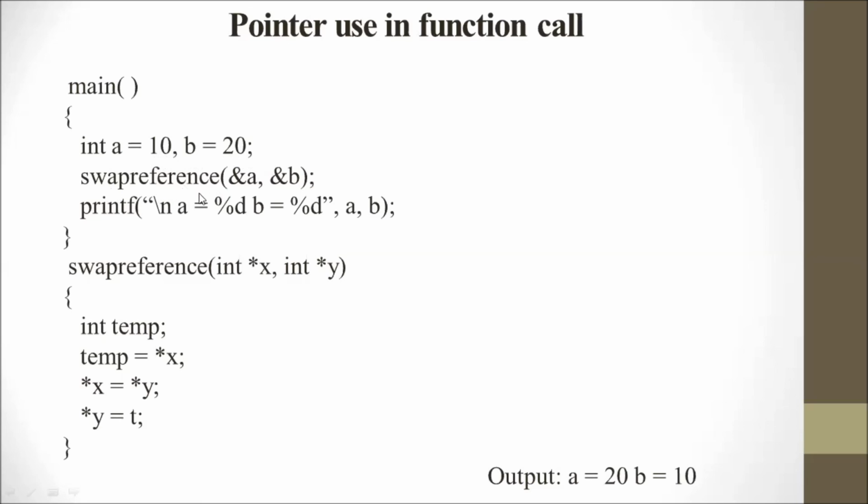Reference means address. Here we pass the reference of the a and b variables, so we pass the address of a and the address of b, and then print b and a.